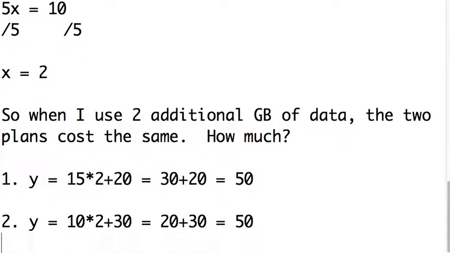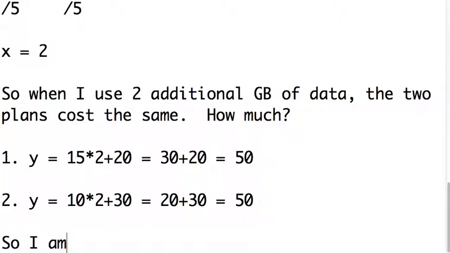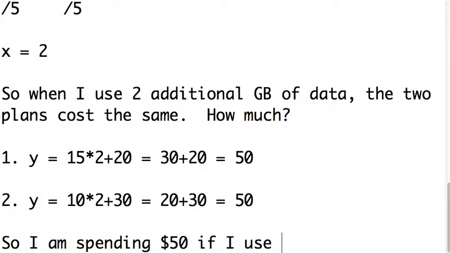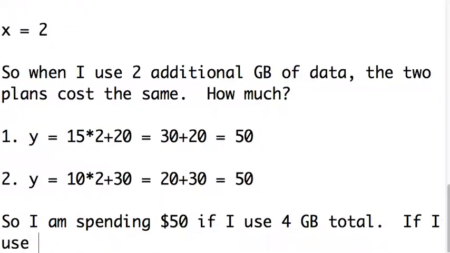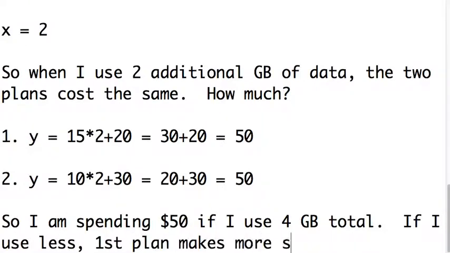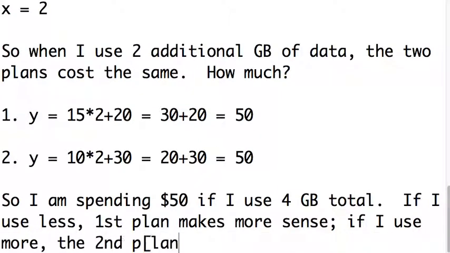It doesn't matter which one I use, I get the same answer. So I am spending $50 if I use 4 gigabytes total. If I use less, the first plan makes more sense. If I use more, the second plan makes more sense.